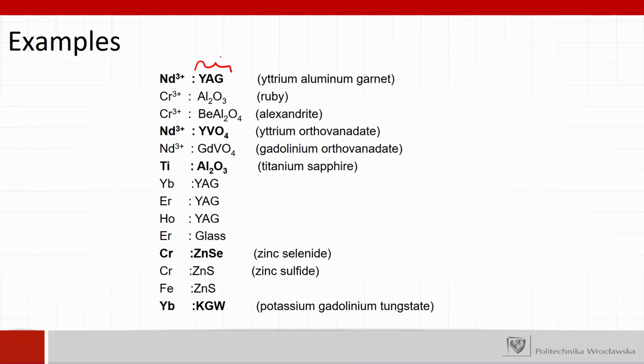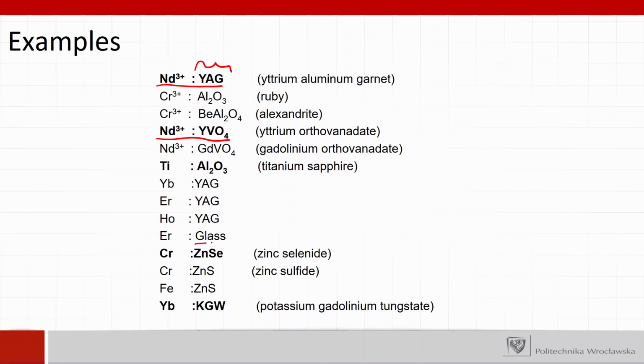The most popular solid-state laser is the neodymium YAG or neodymium YVO. These are lasers based on yttrium aluminum garnet or yttrium orthovanadate doped with neodymium. But there are, of course, many other options.